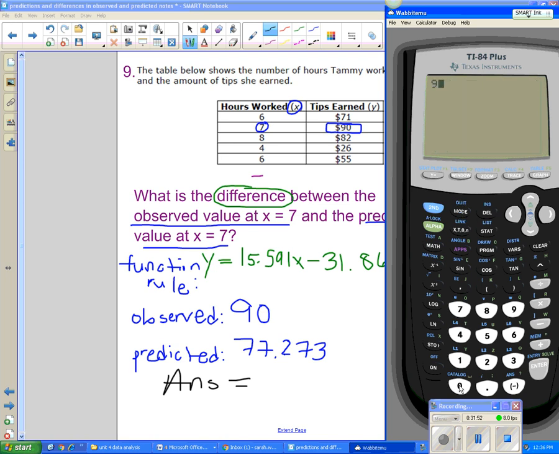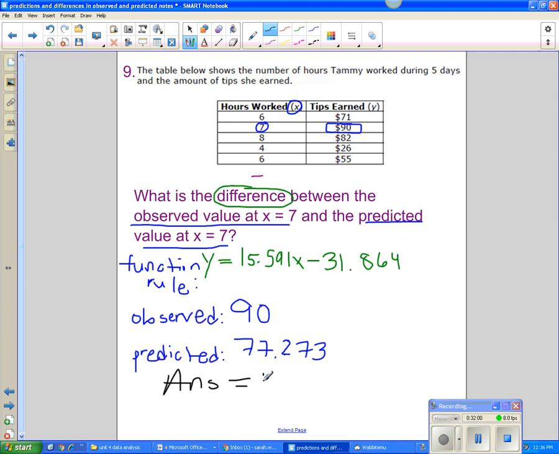It's going to be 90 minus 77.273. So the answer is 12.727. That's the answer. Okay, so you got a couple steps. You are capable of doing that.